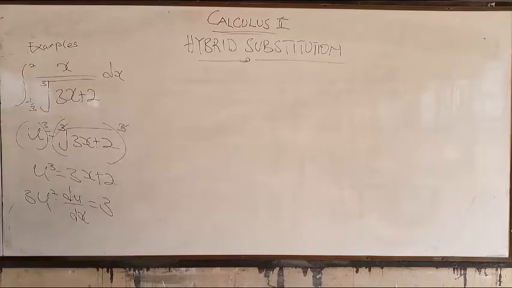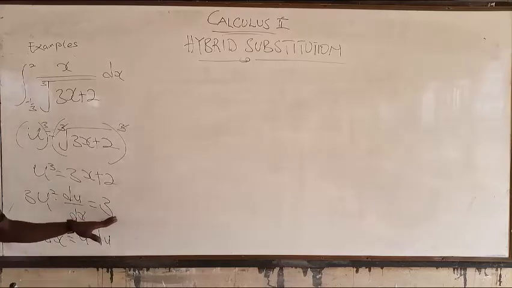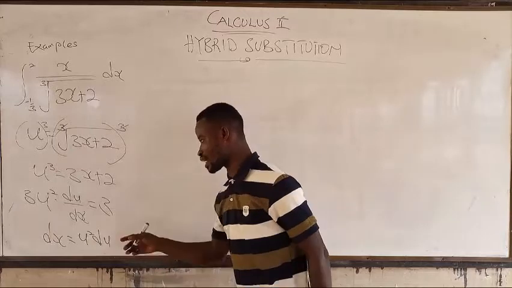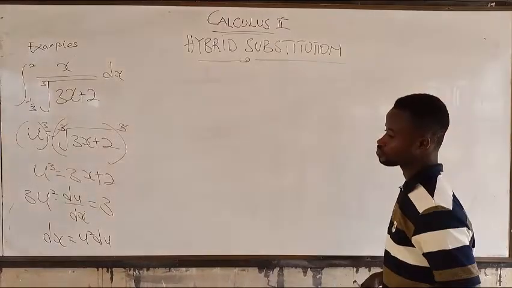Then the 3 will cancel this, therefore ds is u squared du. The 3 will cancel, and ds will multiply both sides. So we get that.